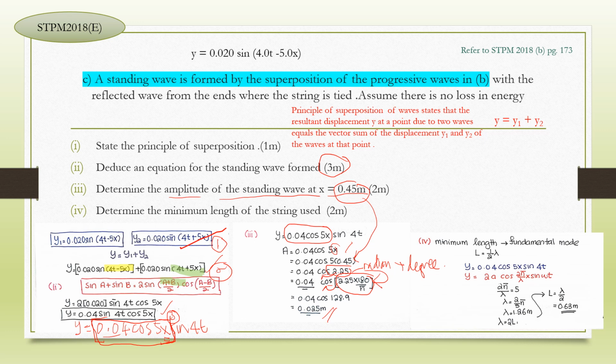All right, now the next question. They ask you to determine the minimum length of the string used. So it's a string. The basic concept here: the minimum length of the string used is the fundamental mode. Because it is the fundamental mode, we know L equals half lambda.